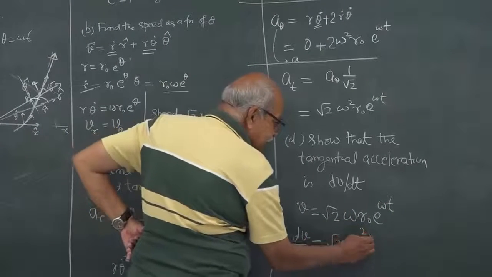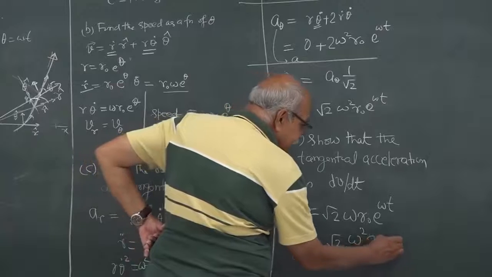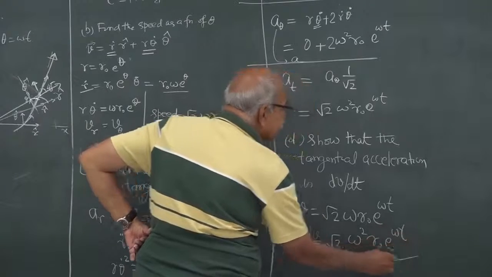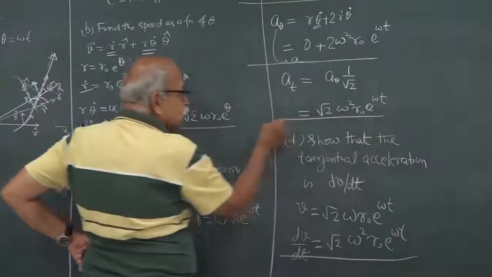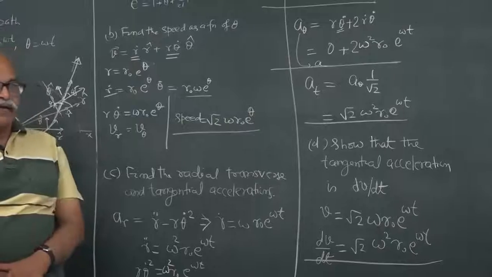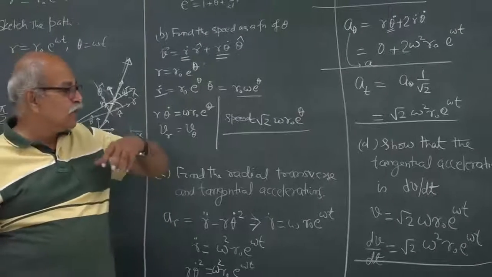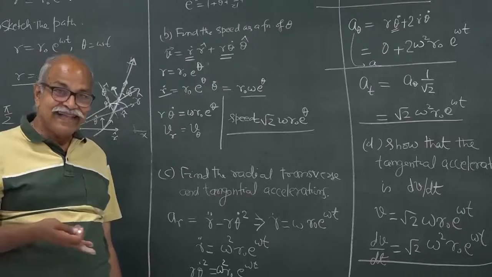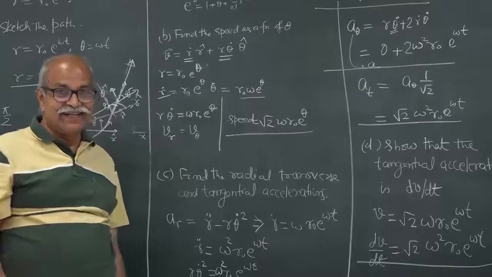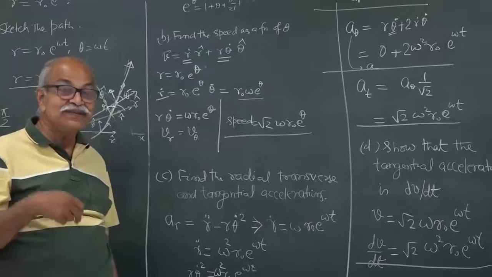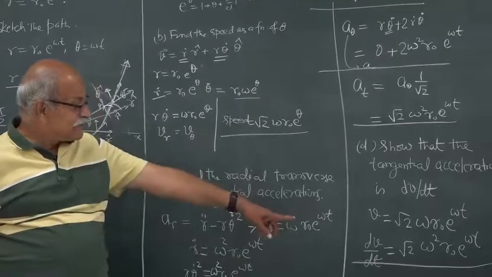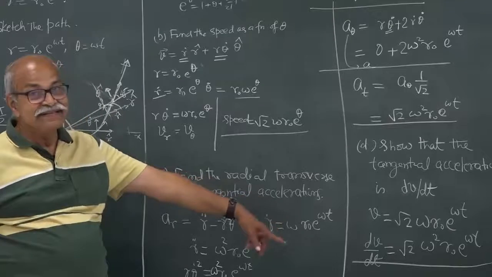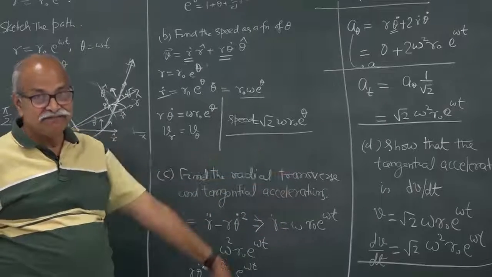So, omega square here, r naught here, and e power omega t here, and you match. So, even if the path is not circular, the component of acceleration along the tangent is given by dv dt, rate of change of speed.